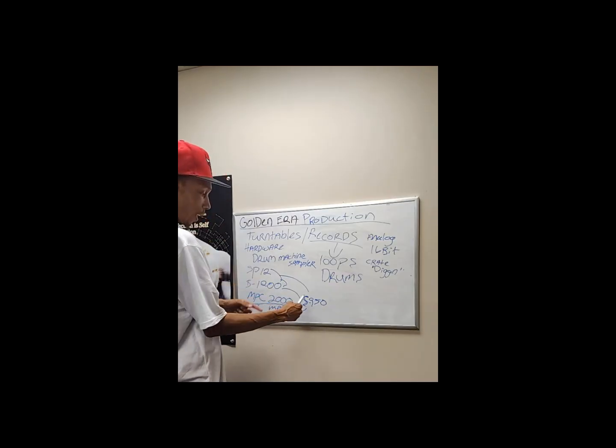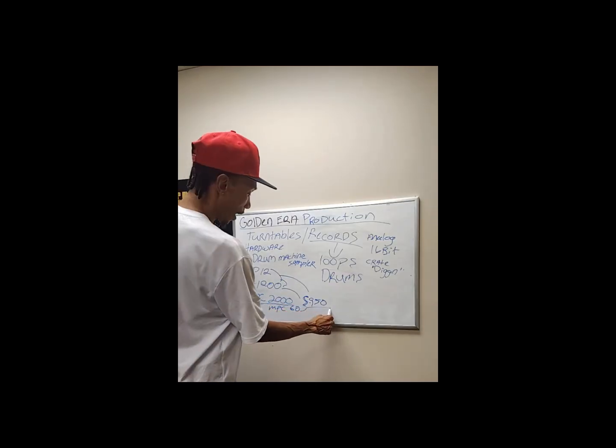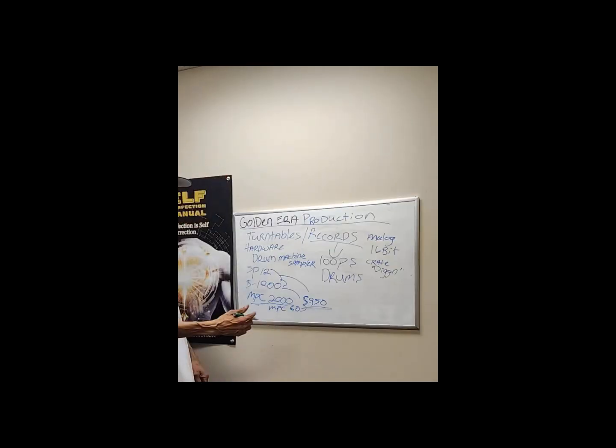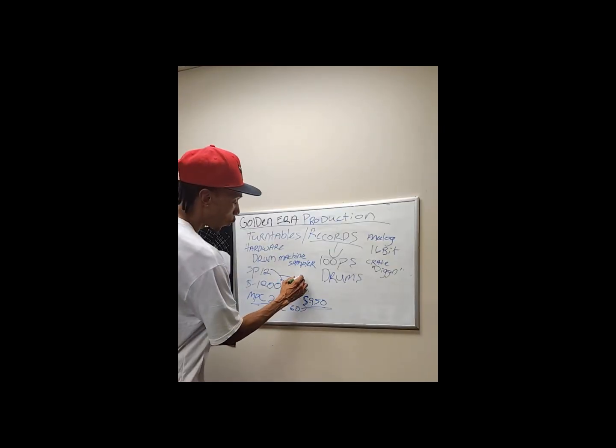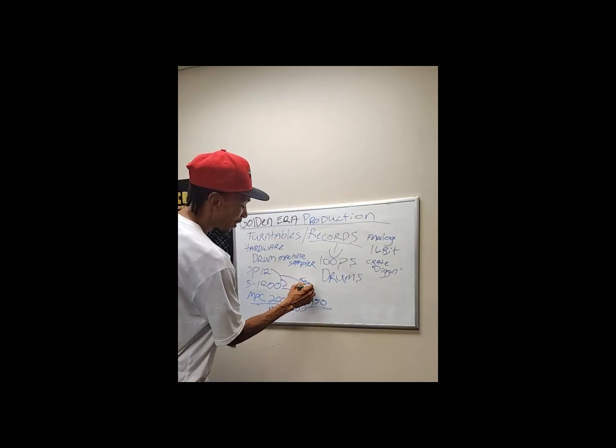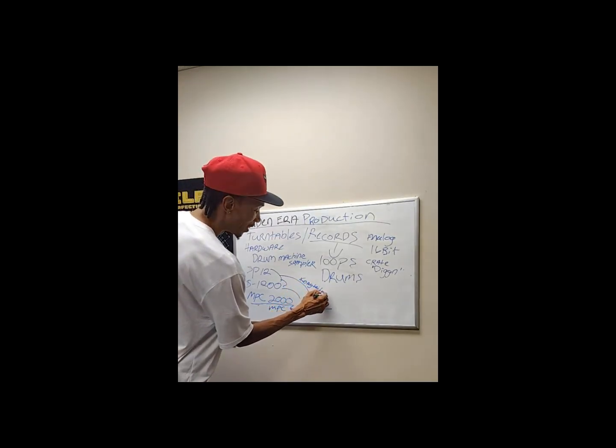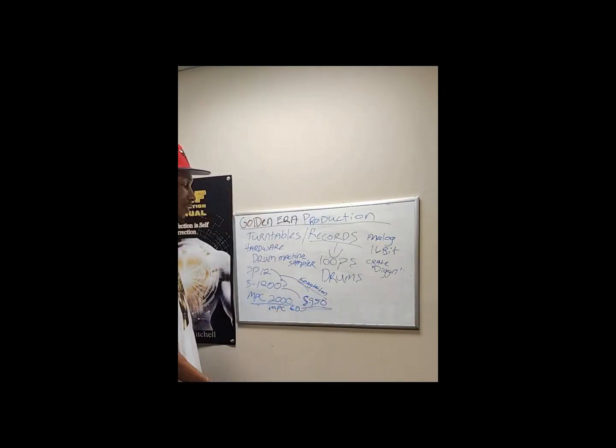Somewhat the same, but slightly different. But these are the tools that we use. And we sometimes use a Korg Triton, but that's a rarity. The Korg Triton is in there too, a keyboard. But mainly what we use here is the SP12, SP1200, MPC 2000, S950.